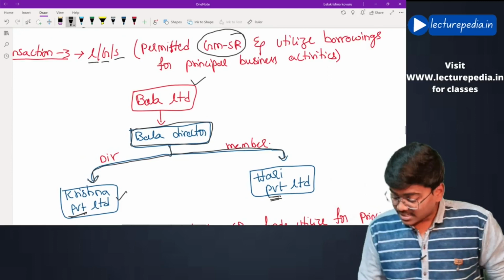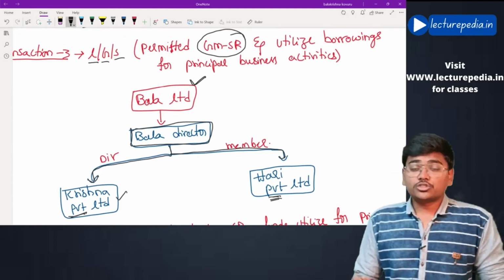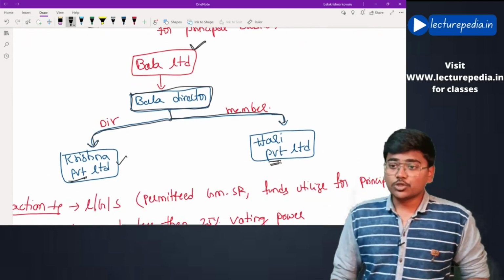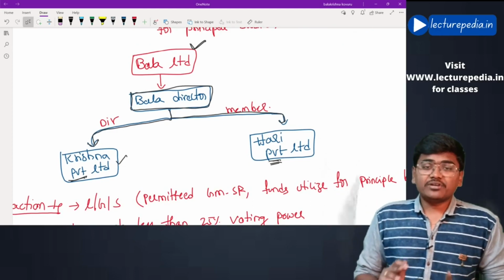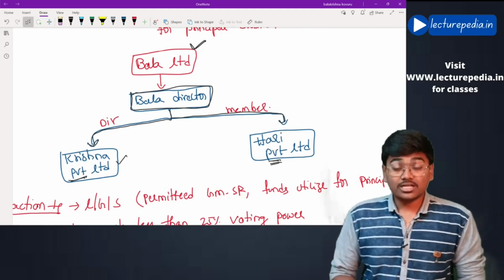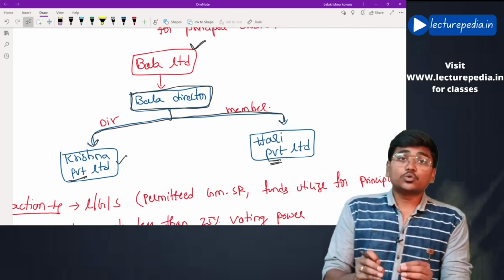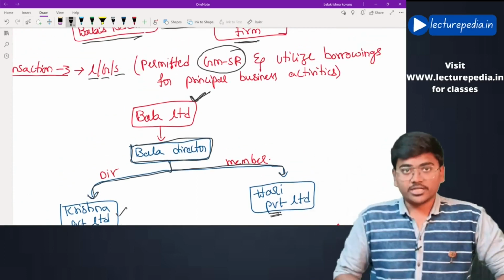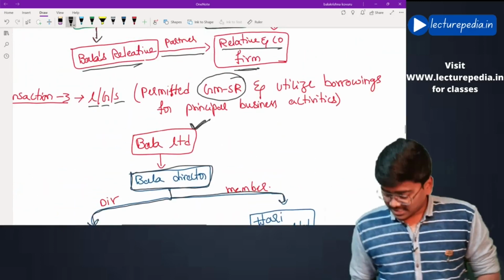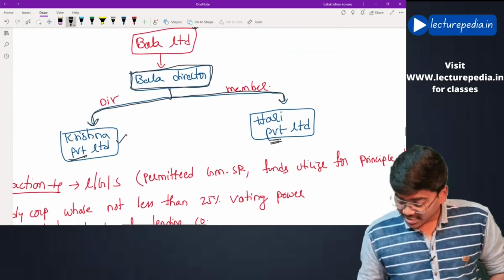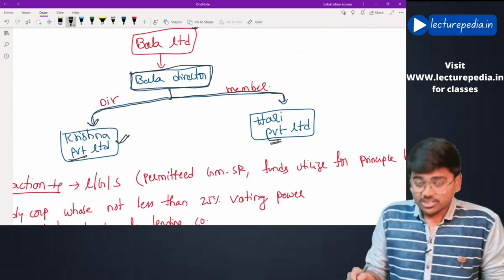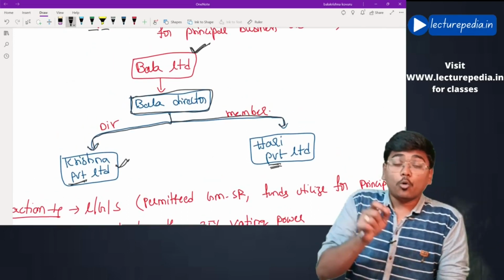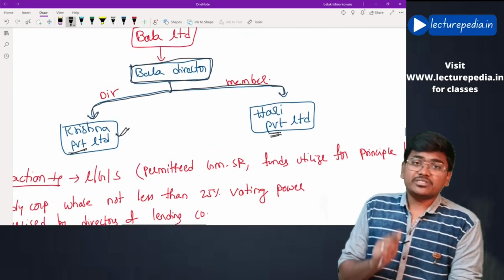Now this Bala Limited wants to give loan, guarantee, security to Krishna Private Limited. Whether it can give or not, it can give subject to a general meeting special resolution in this Bala Limited. And also Krishna Private Limited must utilize the funds borrowed from Bala Limited only for its principal business activities.